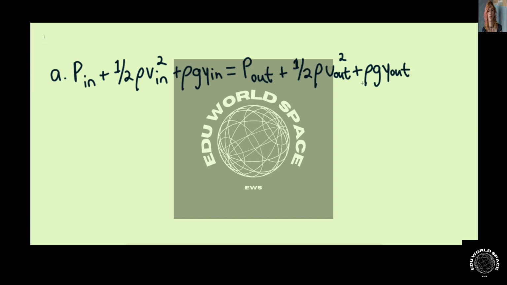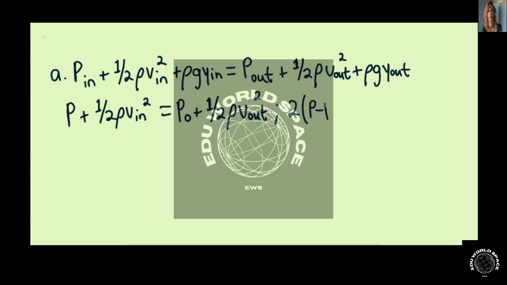And we can then say that the pressure P plus 1/2 times rho V sub in squared would equal the atmospheric pressure P naught plus 1/2 times rho V out squared. And so we can say then that 2 times the change in the pressure divided by the density rho would equal V out squared minus V in squared.